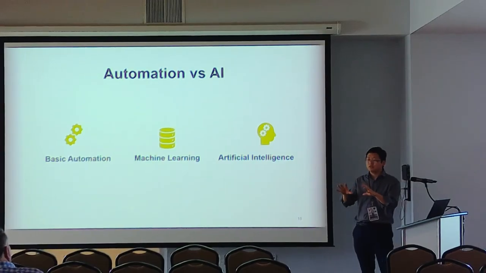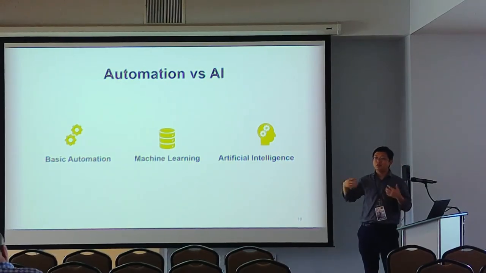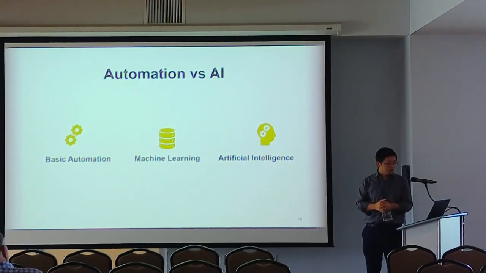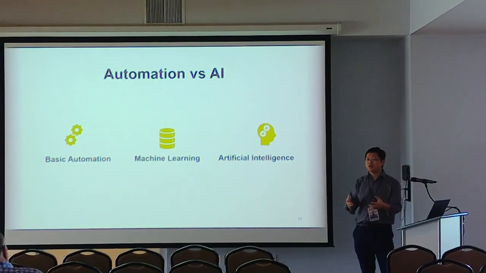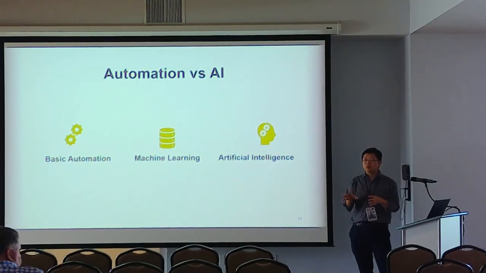On the other end is AI, where AI typically performs tasks that a human used to do. And in the middle is machine learning, which is considered one form of AI, but the majority is based on patterns learned from data.